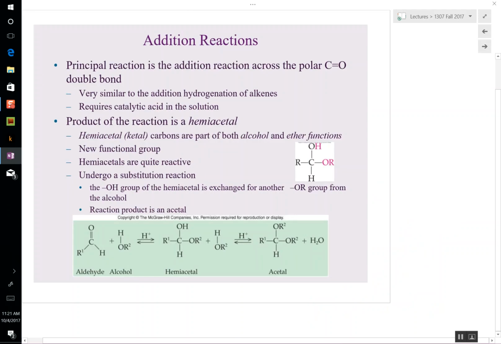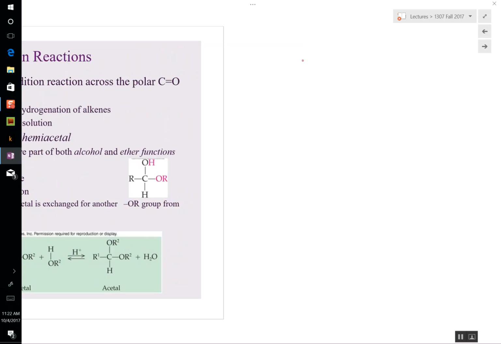This next reaction, the hemiacetal reaction, you'll hear us make a big deal out of in chapter 16 when we start talking about sugars. You have already seen a lot going on with double bonds.